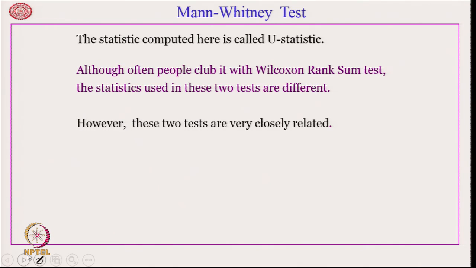Let us now discuss the other important test, which is called Mann-Whitney test. The statistic that is computed here is called the U statistic or Mann-Whitney U statistic.